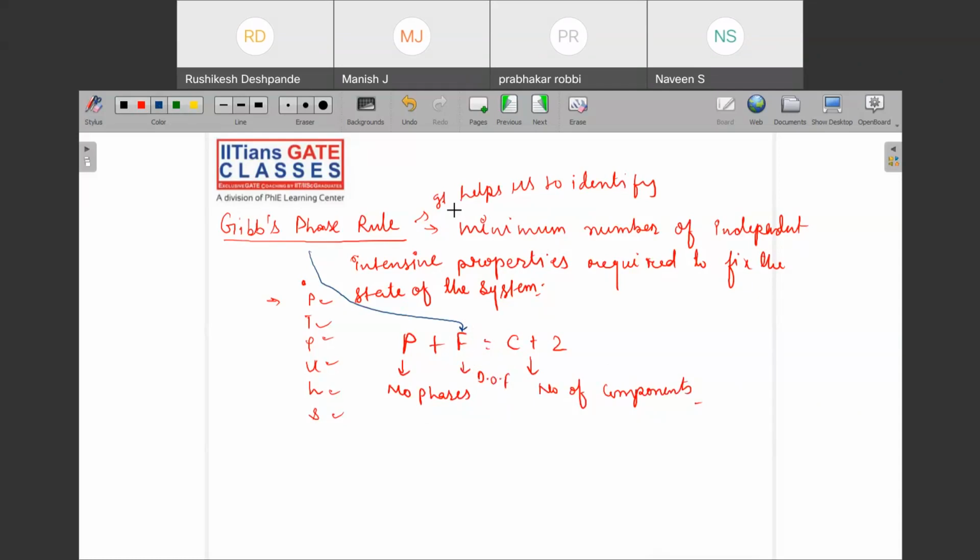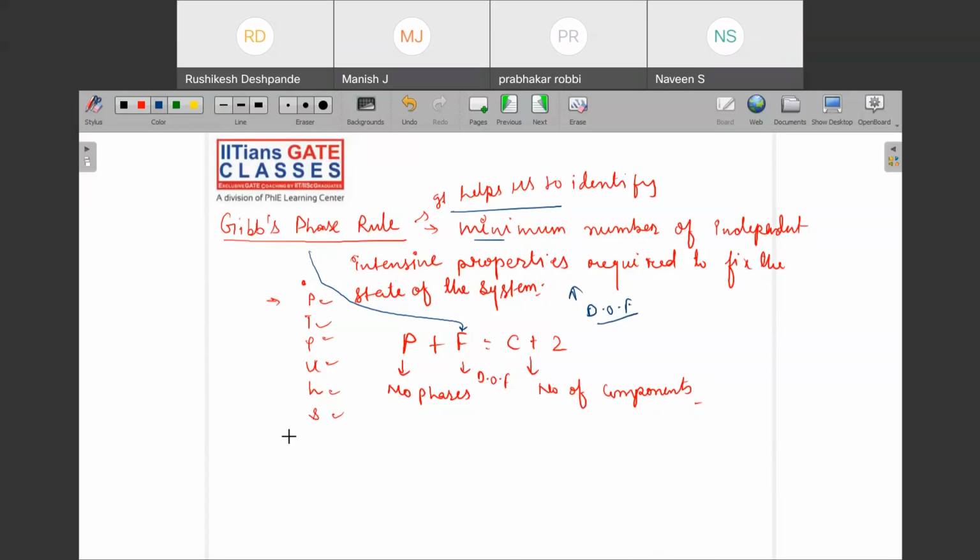That means what I have told you here is nothing but degrees of freedom. So what is degrees of freedom? This is nothing but the minimum number of properties you need to tell me so that I will fix these, then the rest of the others will automatically follow.